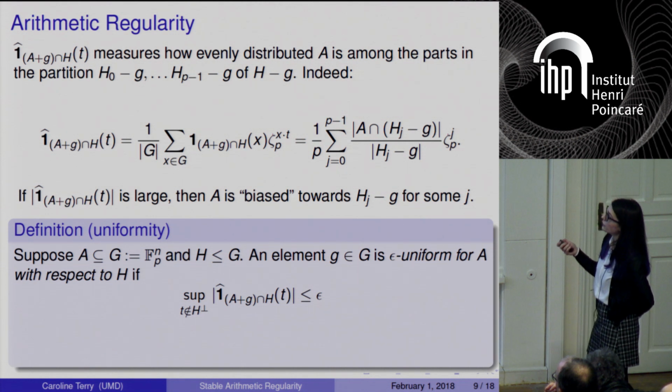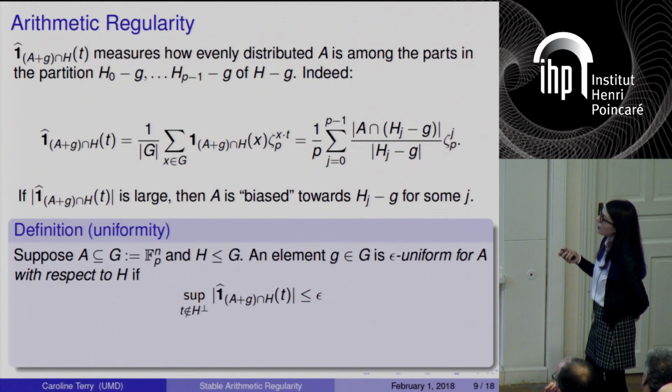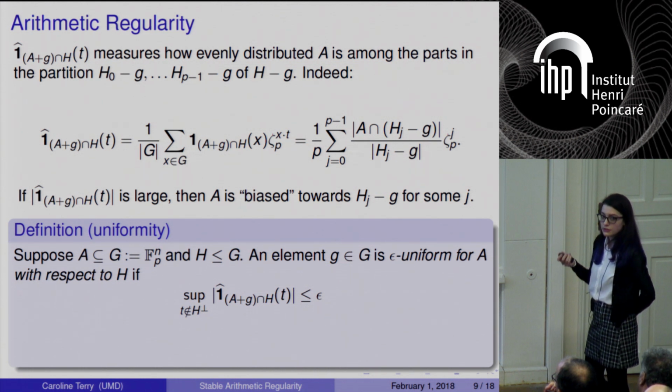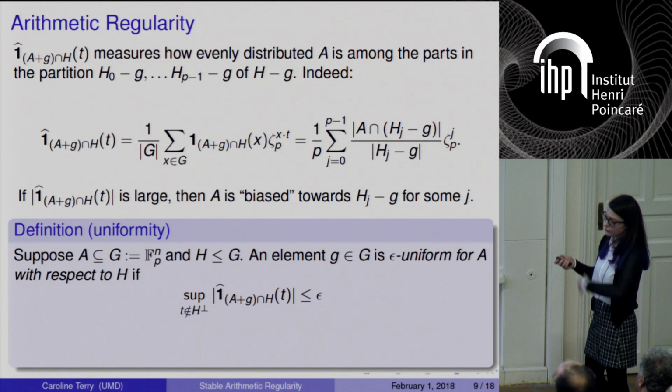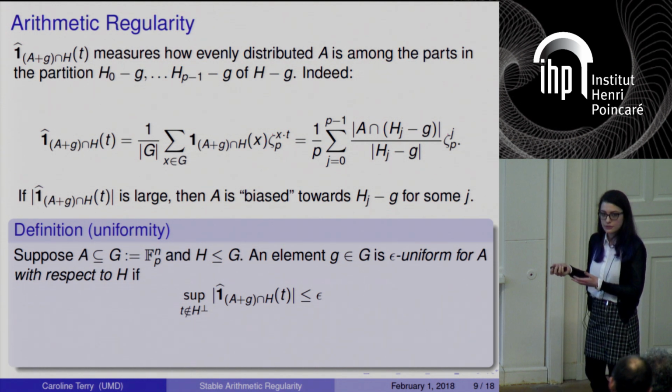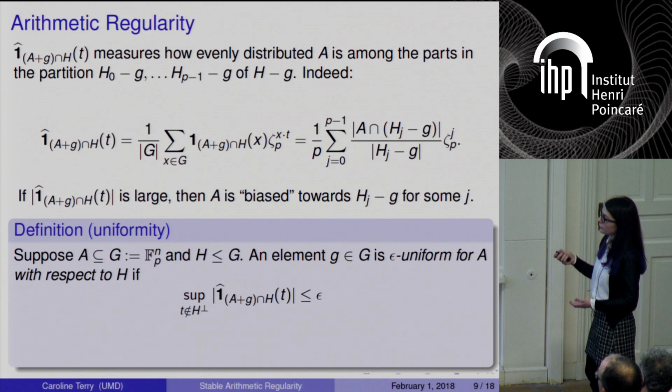This is a notion for a coset of the subgroup H, in particular H minus G. So this is saying that this coset H minus G is epsilon uniform if for every way of partitioning into these well-structured pieces, I always get the sort of uniform distribution across the partition. Each T gives me a partition, and this quantity is measuring how well distributed the set is across that partition, and it's saying that it's always at most epsilon.